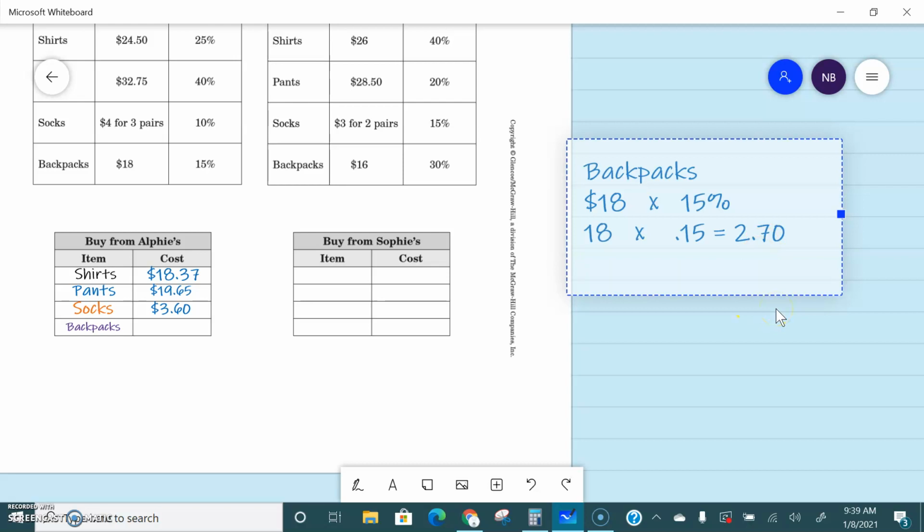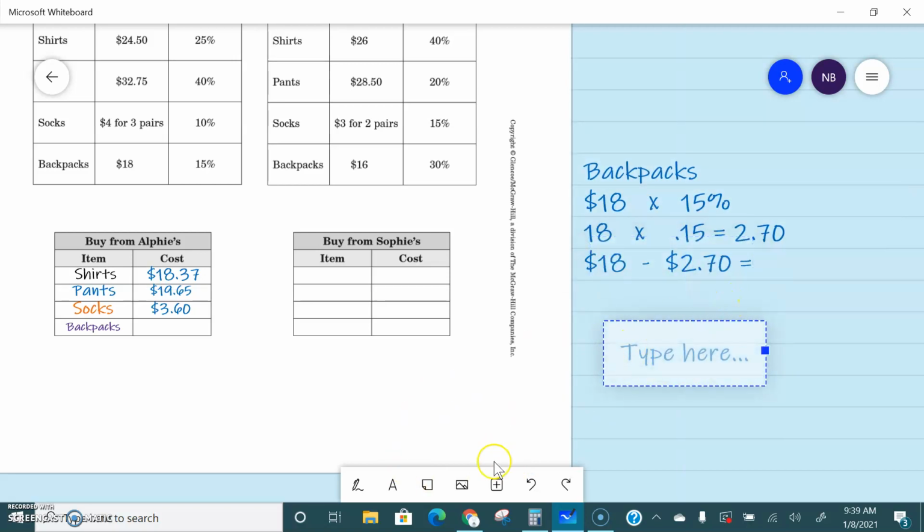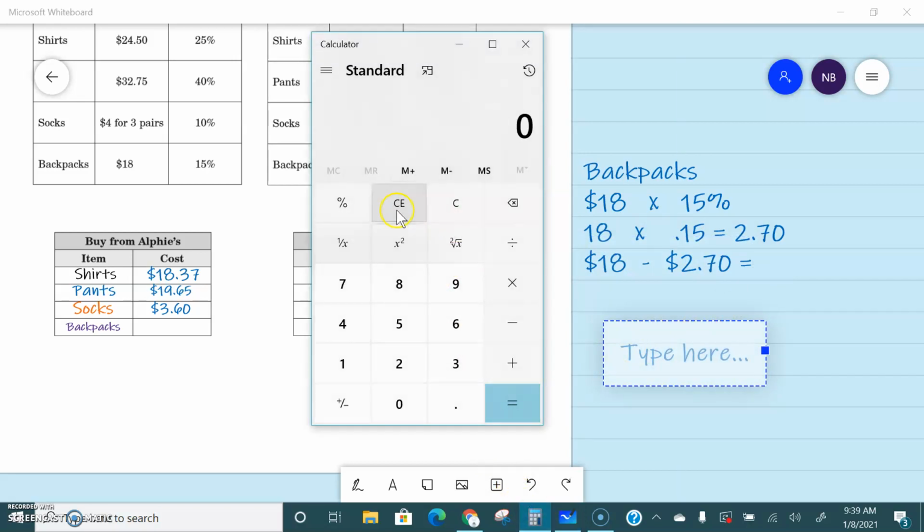Now let's go back to the price of our backpack, which is $18, and take the discount off, which is $2.70. And let's see what we get. I wanted my calculator. There we go.